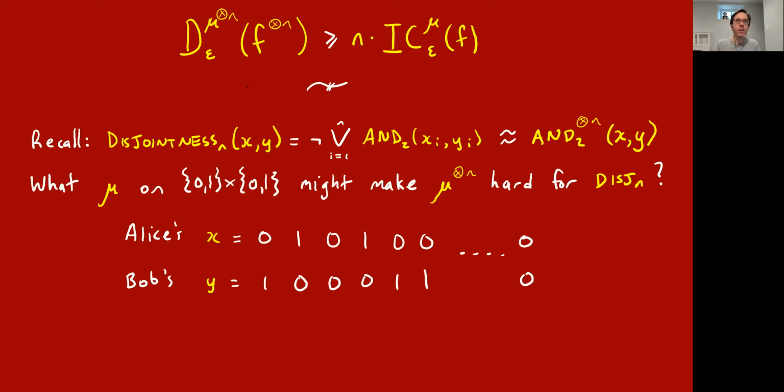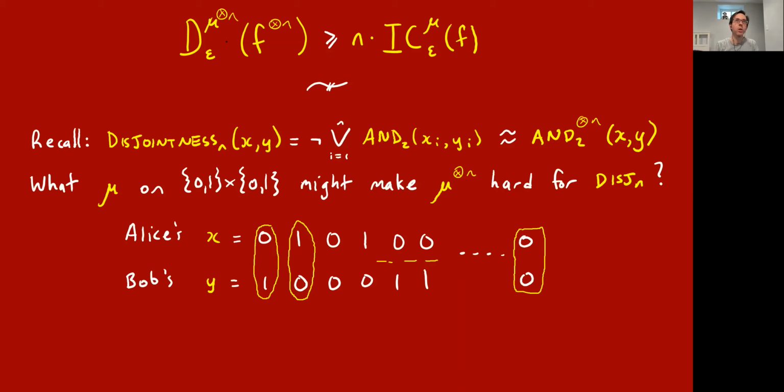And in this mindset, we're going to have some probability distribution on their mutual first coordinates and some probability distribution on their mutual second coordinates. And we're going to use the same distribution for every pair of coordinates. But what distribution should we put on those pairs of coordinates to make it a challenge for Alice and Bob?